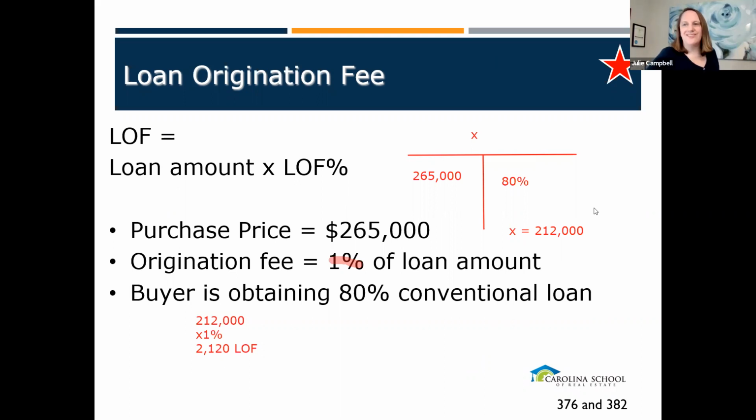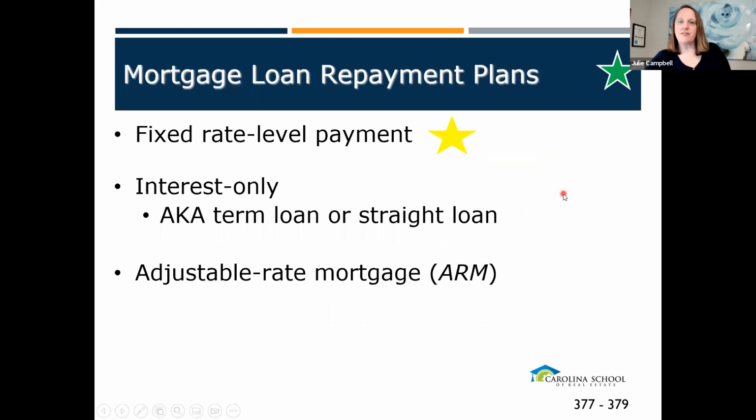Wrap up this unit, page 377. We talk about some different loan repayment plans. These are all green stars except for the first one. The first one is the fixed rate level payment. The reason it is a yellow star is because this is the most common. This is our amortized loan.